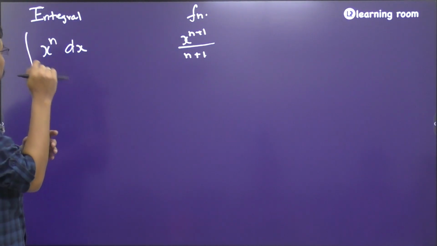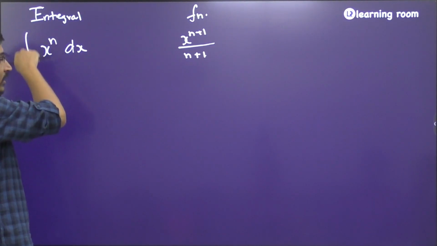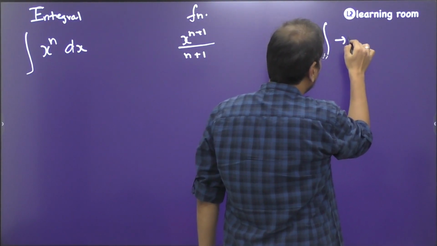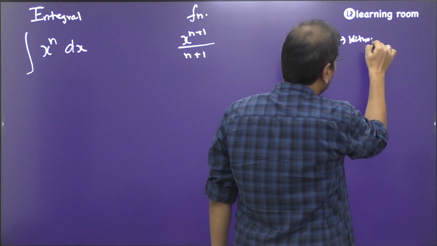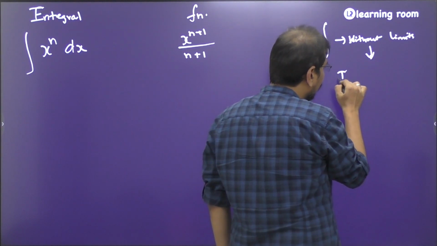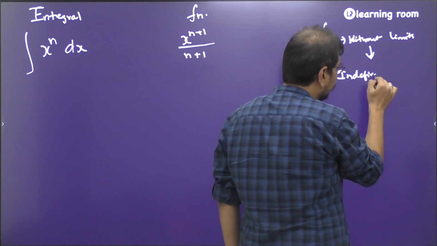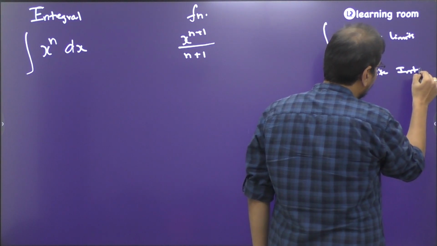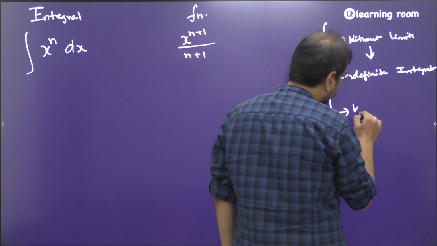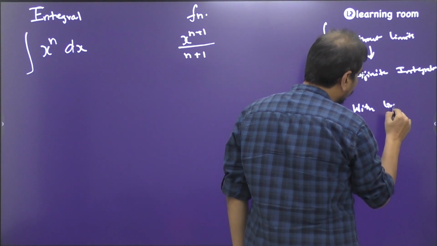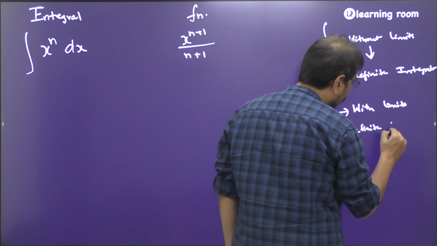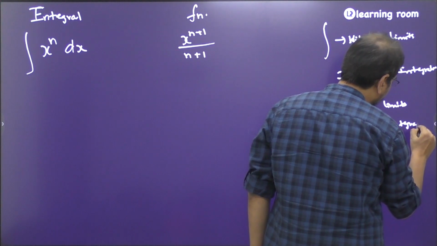And another important point to be noted is whenever you have this integral without limits. So integral without limits is said to be indefinite integration. Integral with limits is called as definite integration.